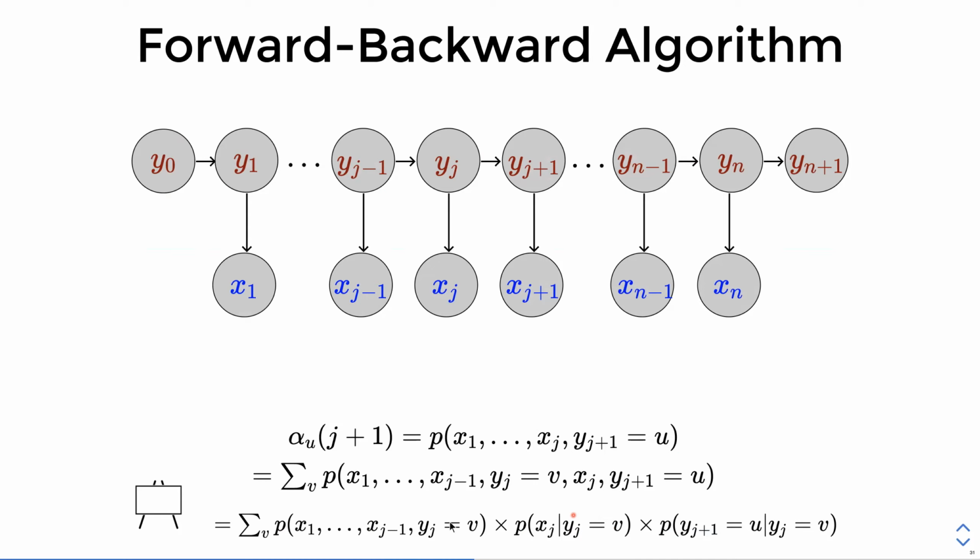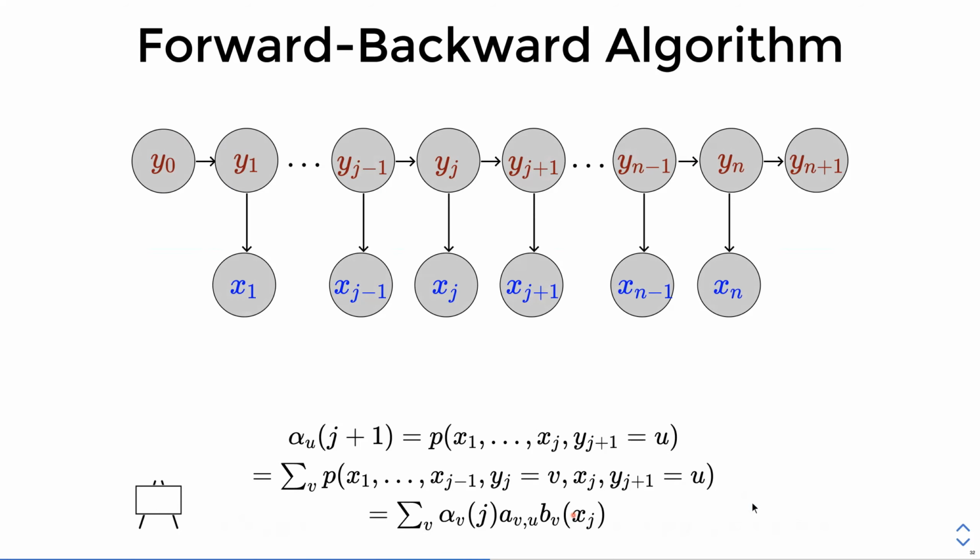So the nice thing here is, if you look at the definition of alpha, this is exactly another alpha. So this is alpha vj. What about this? This is an emission, so it's b v bracket xj. And this is a transition from v to u, so it's a vu.